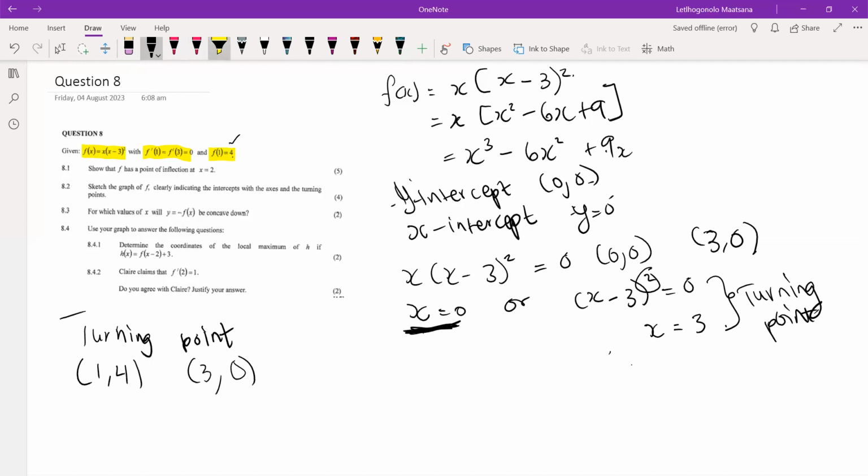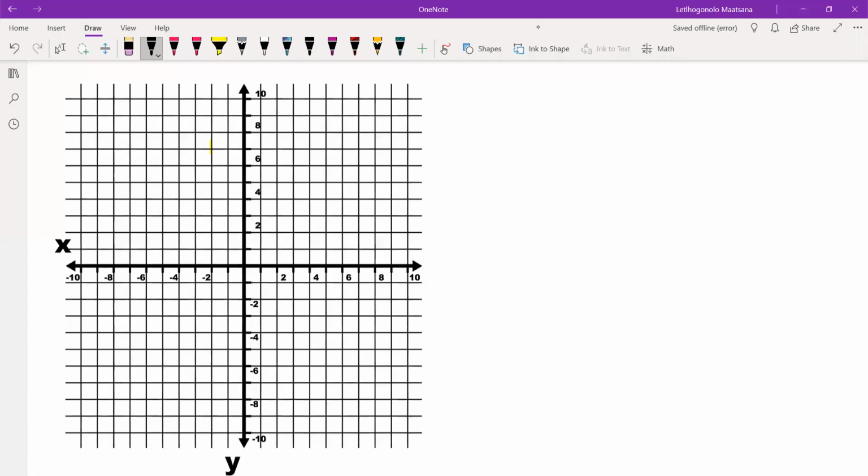So now we have all the information that we need: the y-intercept, our x-intercepts, and our turning points. We can go to the graph and draw our graph out. We'll start with our y-intercept, which is (0, 0). So let's get a nice marker there.